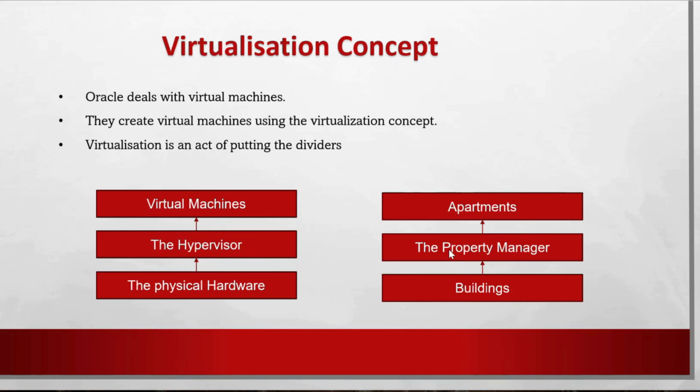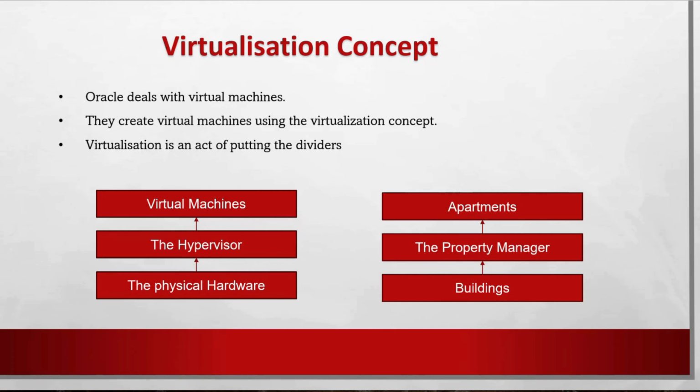In the tech world, virtualization uses a special piece of software called a hypervisor. Now the hypervisor is nothing but a property manager. So what is our physical hardware? It is our building.